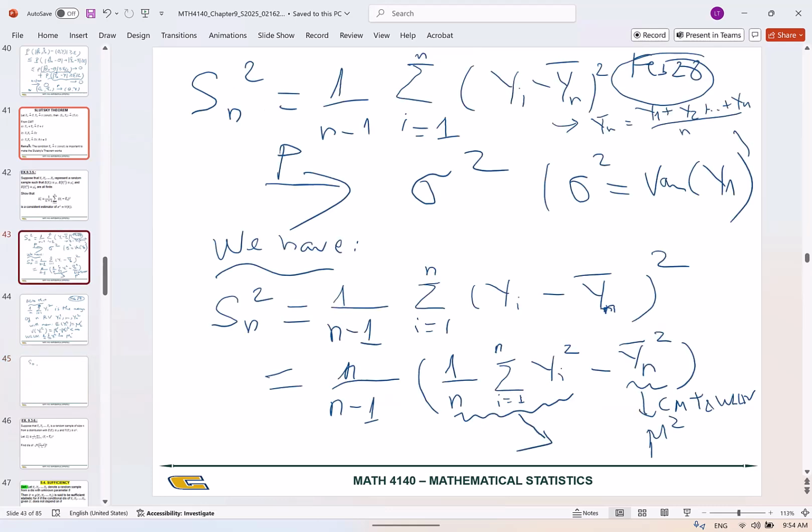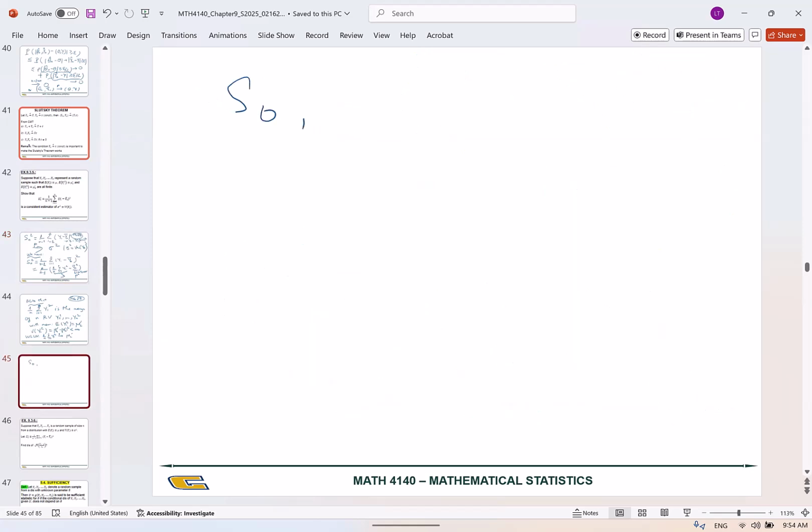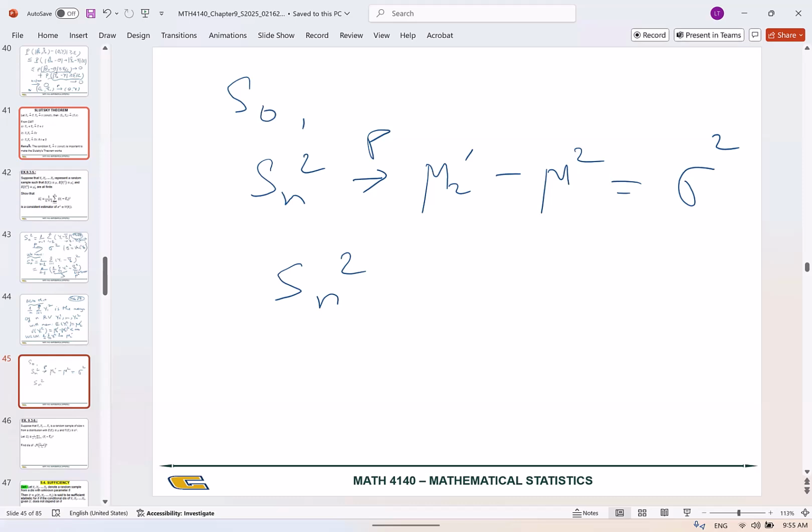So the Sn bar converges to mu2 prime subtract mu square, which is just sigma square, right? It's beautiful, right? So basically, you can show that Sn bar is a consistent estimator of sigma square, right?